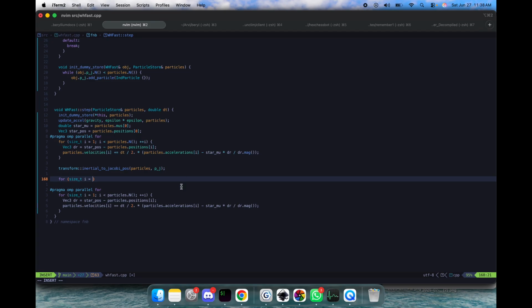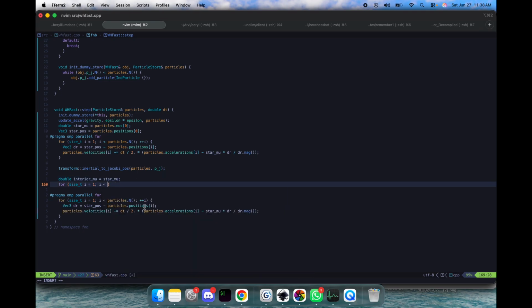So now i equals 1, i less than particles dot n, double interior mu equals star mu.